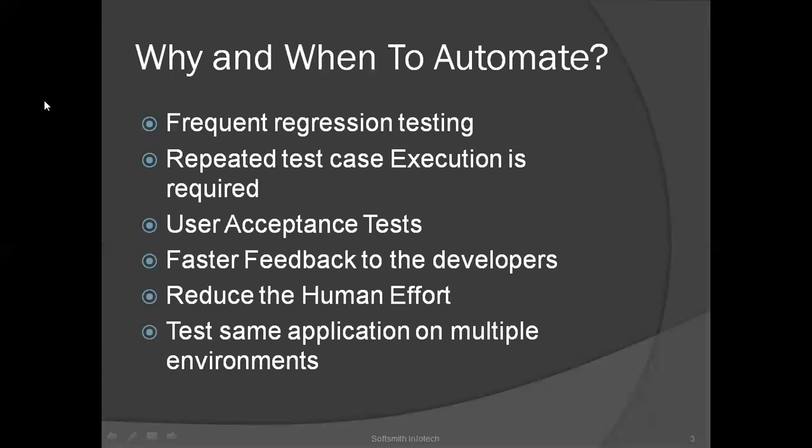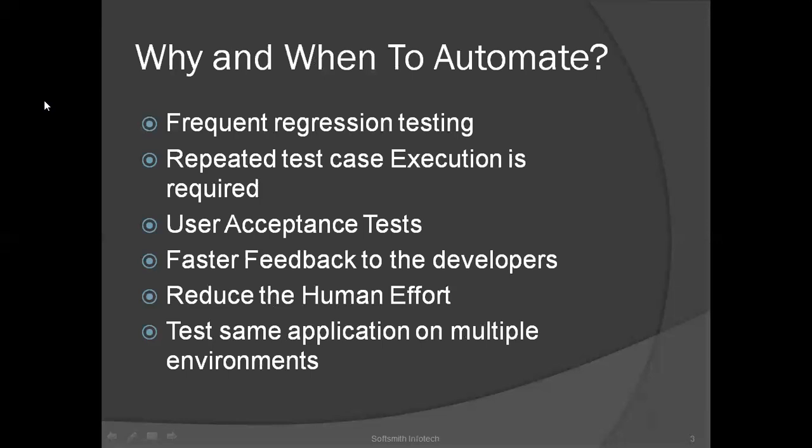You understand what regression is, right? So if the regression sets are large, then we use automation testing. And if repeated test case execution is required, suppose there are some test cases you need to execute again and again, or frequently, you use automation for those test cases.